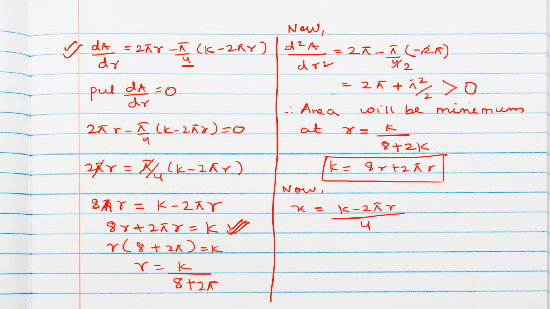This K value we can write here. So K is 8r plus 2 pi r, minus 2 pi r, divided by 4. 2 pi r cancels. So x is 8r by 4, that is 2r. So x is side of the square, r is radius of circle. So here we proved that side of the square is double the radius of the circle.